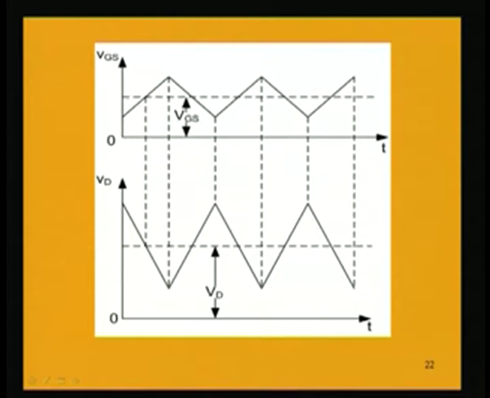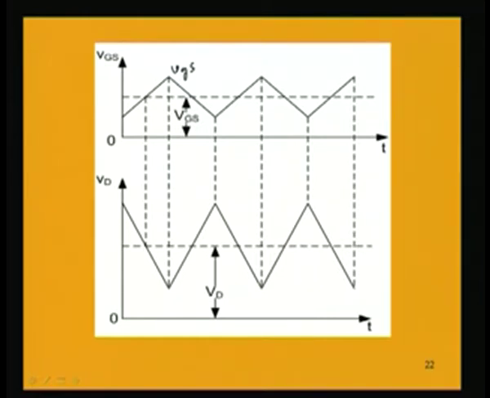This will be present. On it is superimposed a small v_gs, and the instantaneous value of the voltage between gate and source is V_GS plus small v_gs. So, at any instant, the voltage between gate and source will be found by adding these two, capital V_GS and small v_gs.